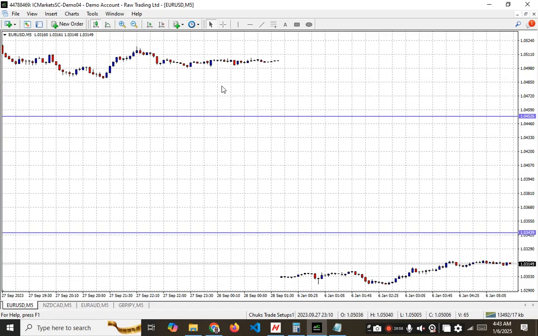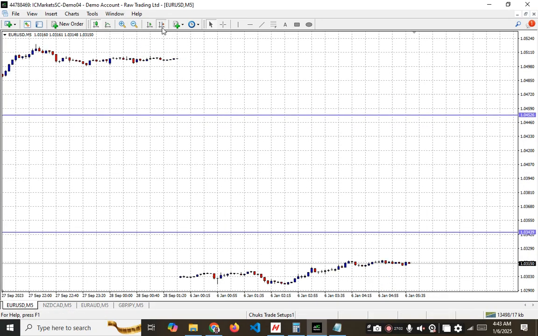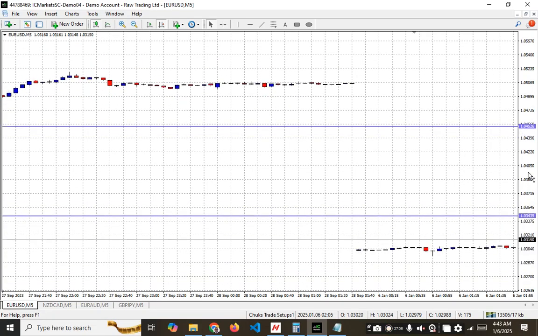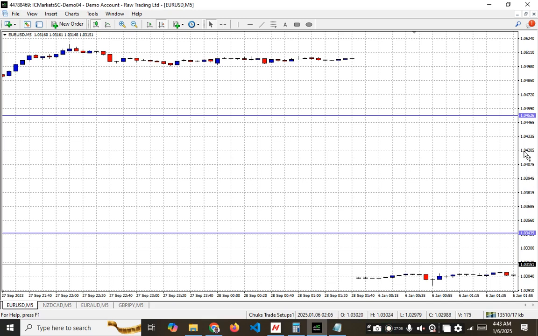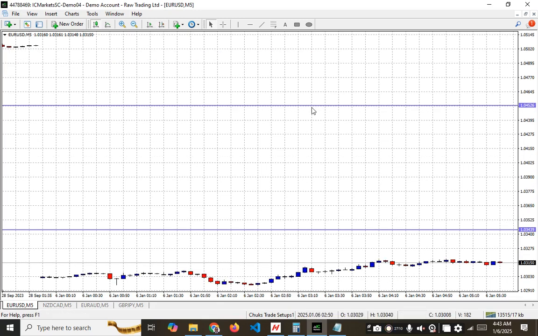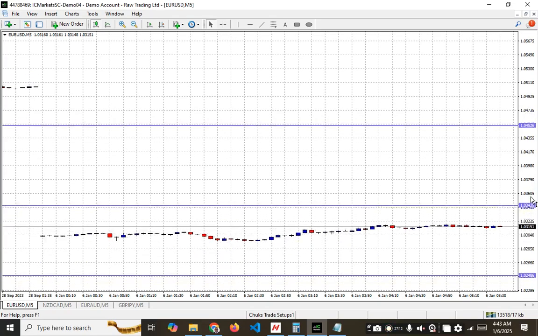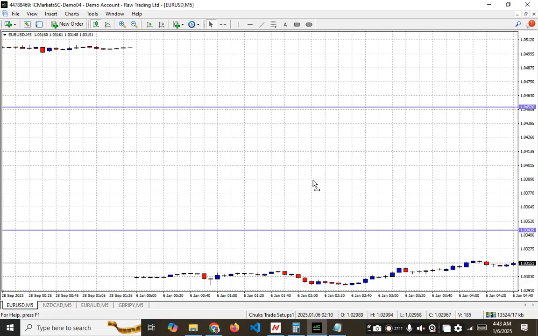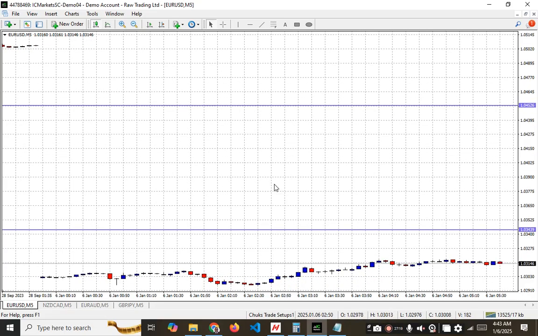So, let me zoom in. I'll reset the chart again. There's something wrong. The server is not connecting properly.